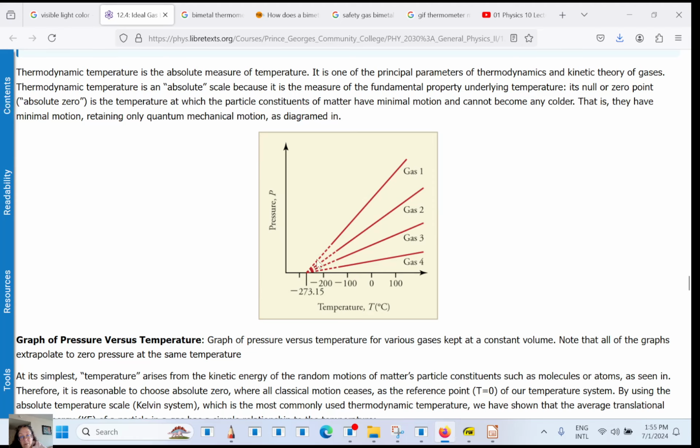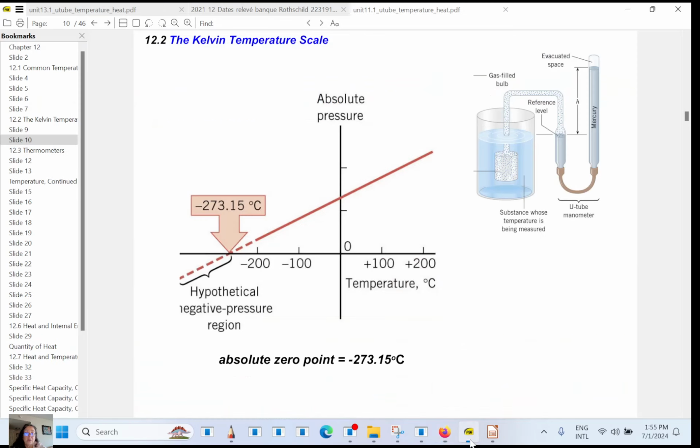When you extrapolate those lines, they are going to meet at that point, absolute zero. That's how Lord Kelvin developed his temperature scale.